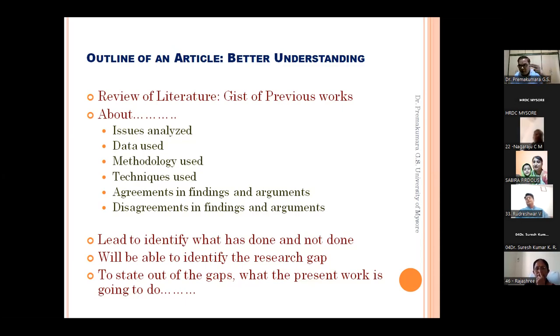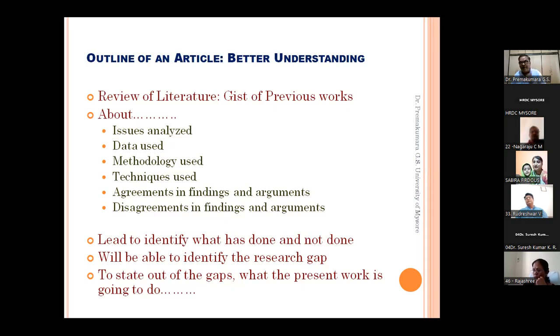You write about 2 lines on the issues the previous works have discussed. Most of the previous works have discussed the process of development in India. Some of the articles have also discussed the increasing inequality in India, particularly among the states. 2 lines. For analyzing these issues, some previous studies have used only secondary data.